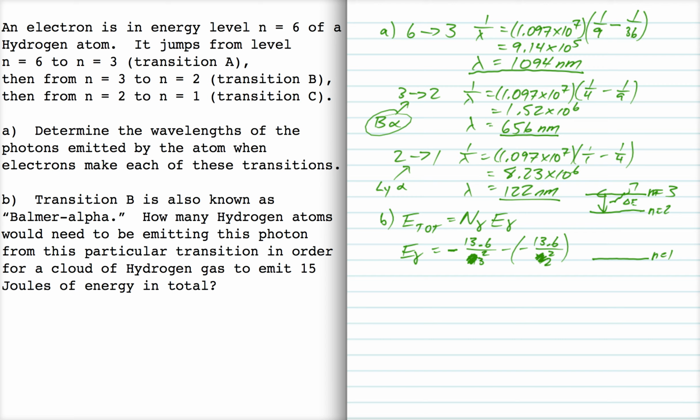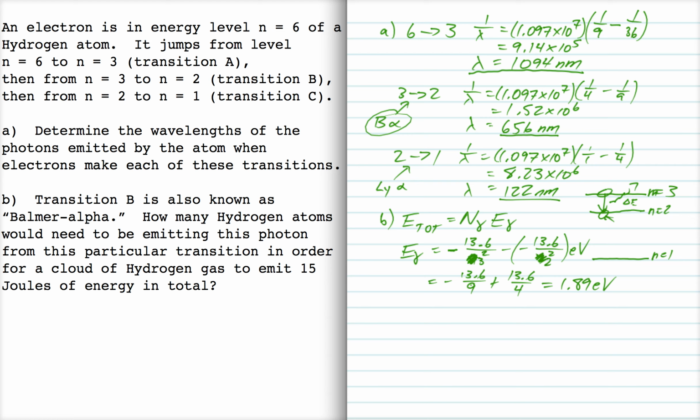We take this energy here minus this energy, and that energy is what's released. But remember that this energy down here is more negative, so that's going to end up being a positive number. This is in units of eV. So if you get minus 13.6 over 9 plus 13.6 over 4, you get 1.89 eV.